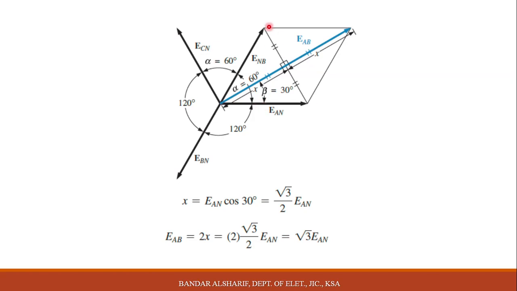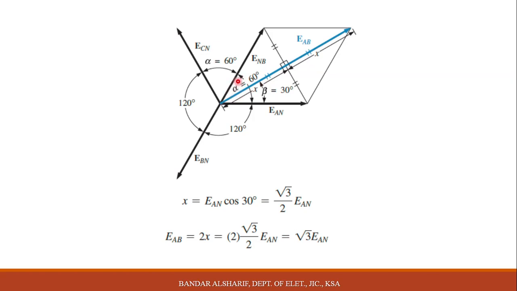Okay, to be able to use the trigonometric formula, for example, you need to find cosine theta here. Here we know that beta is 30 and here beta is 30. Consider we need to find cosine 30. You will get this value x, this value x and this value x. Later if we need the line voltage, we will multiply x by 2, because here is x and here the other x.